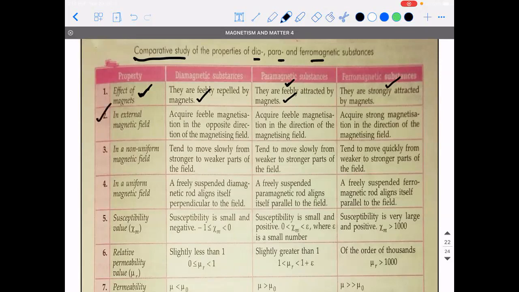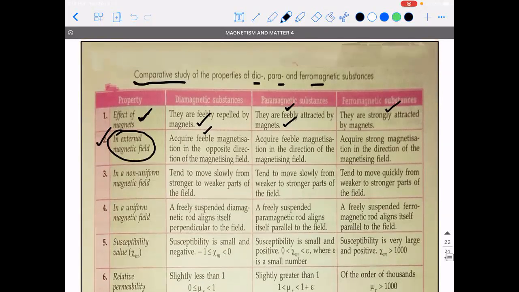The second scenario is when you place a diamagnetic substance in an external magnetic field, what will happen to it? So they acquire feeble magnetization in the opposite direction of the magnetizing field. Means if the magnetizing field is in the rightward direction, then the diamagnetic substance will obtain the magnetization in the opposite direction.